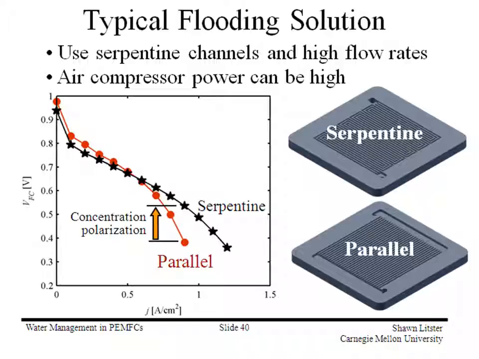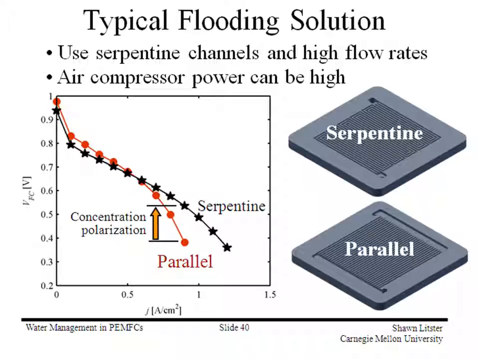And of course, if you wanted to figure out your optimal design, you need to look at not just the fuel cell voltage versus current density, but at fuel cell voltage minus the amount of power consumed by the compressor or something like that, which we're not doing here. We're just showing you how much voltage you lose from being in parallel versus serpentine.